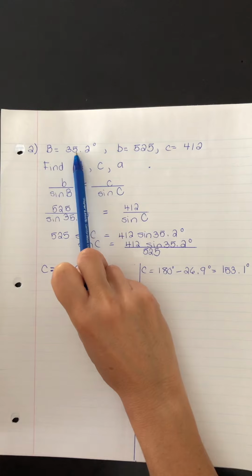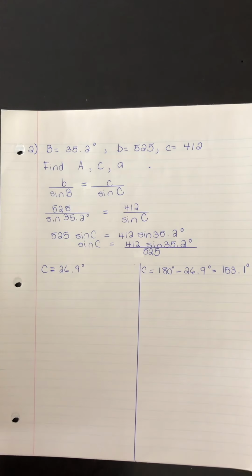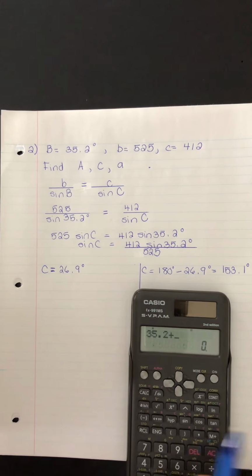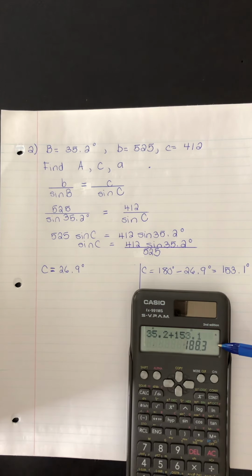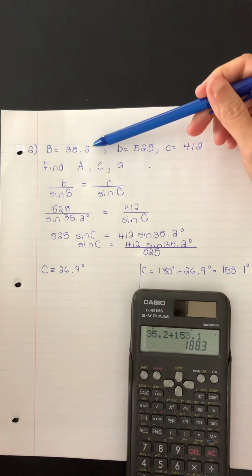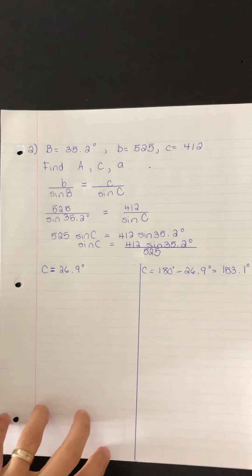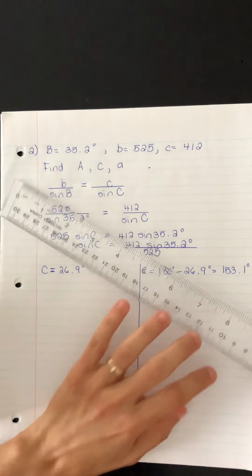If B is 35.2 and C is 153.1, look, we've already got too many degrees for our triangle. The triangle, which would also include angle A, can only have 180 degrees in total. We've already burst the triangle with just angles B and C. So this is not possible.